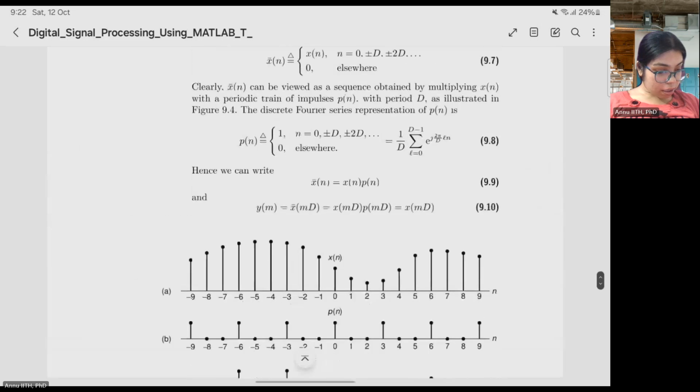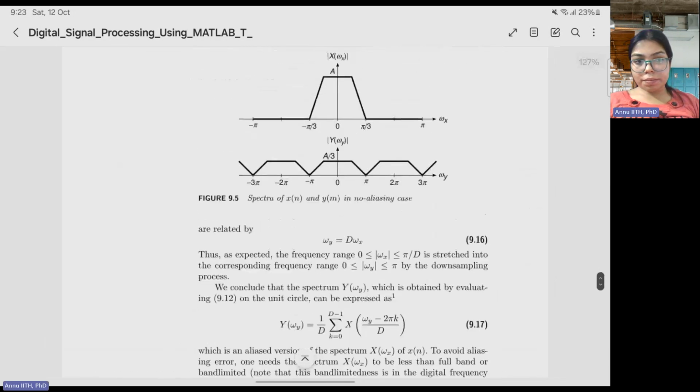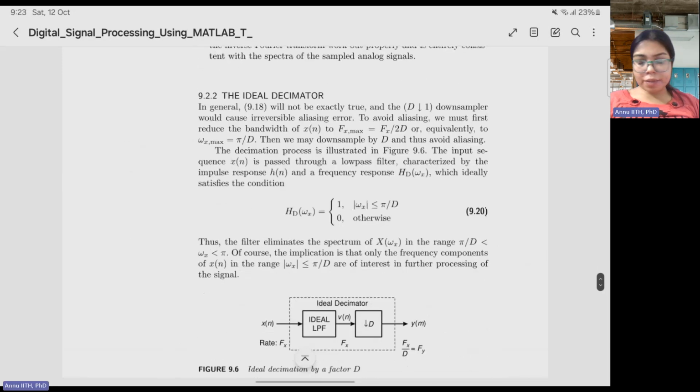Decimation. Decimation and interpolation was covered. There was no question from the assignments. You can leave.